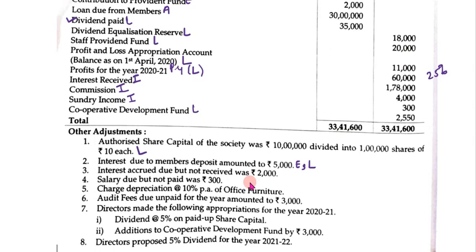Third is interest accrued, due but not received, was rupees 2,000. So this adjustment is on interest received. So the first effect on the income side, the second effect on the asset side. Fourth adjustment is salary due but not paid, rupees 300.